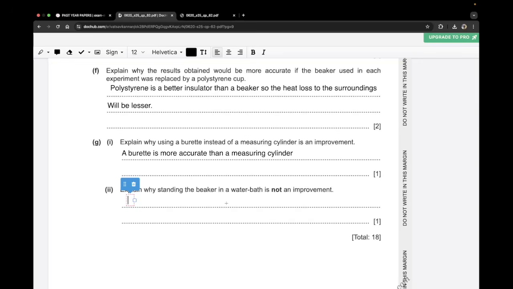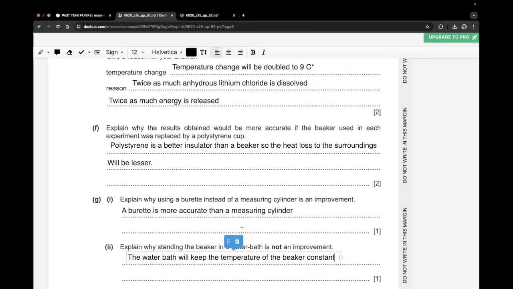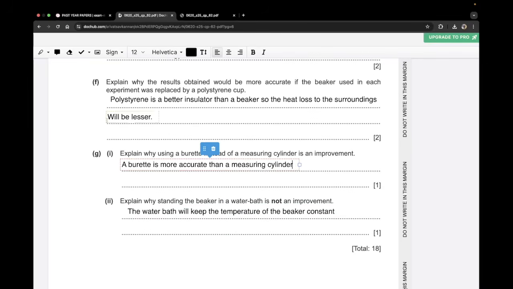So we can say the water bath will keep the temperature of the beaker constant, which is not what we want here. So yes, those are the answers. Remember, these two types of questions will be there in every single exam. Just ensure that you know this frequently asked set of ATP questions.